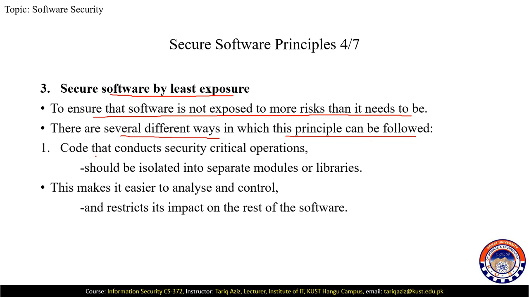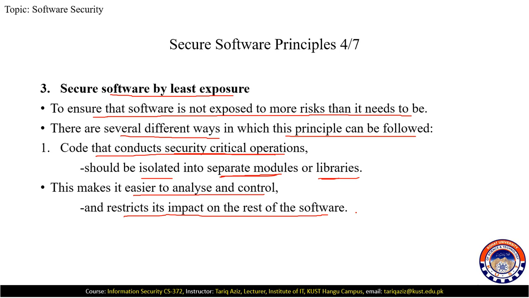Number one, code that conducts security critical operations should be isolated into separate modules or libraries. And what's the advantage of separating security critical operations into separate modules or libraries? The advantage is that it will be easy to analyze, control and restrict its impact on the rest of the software.